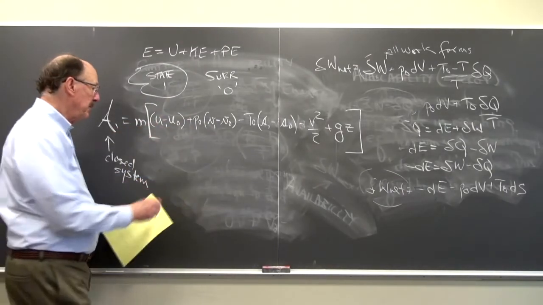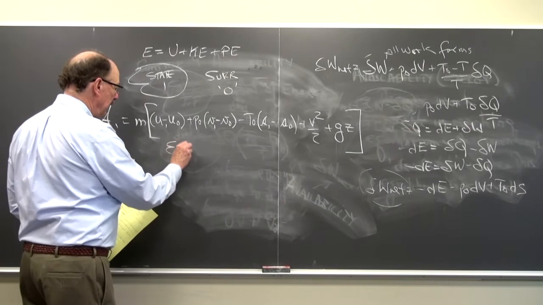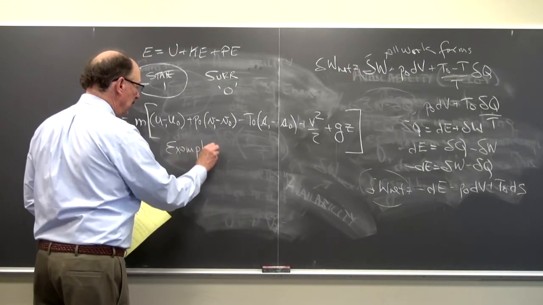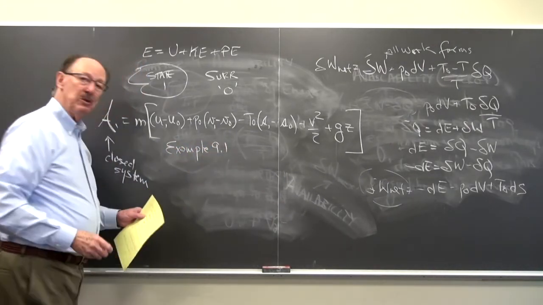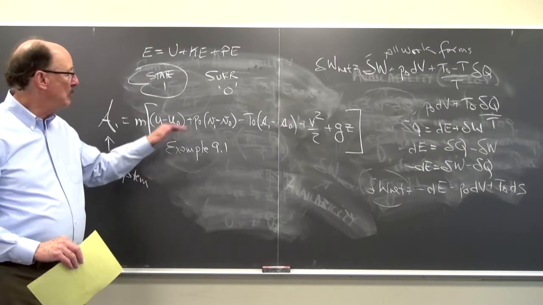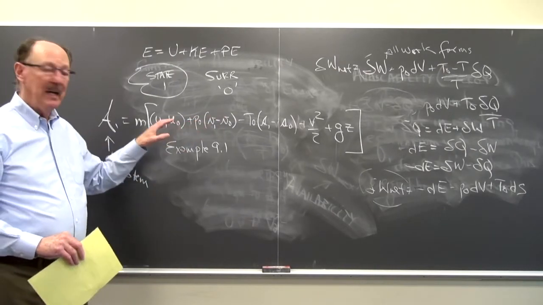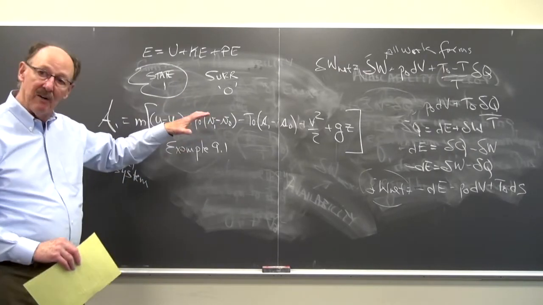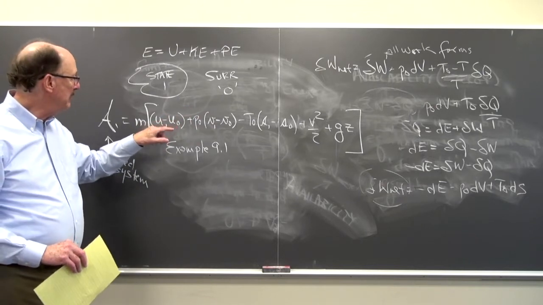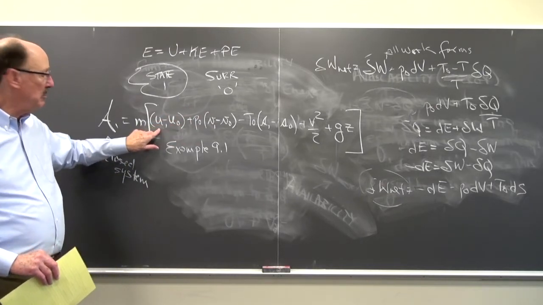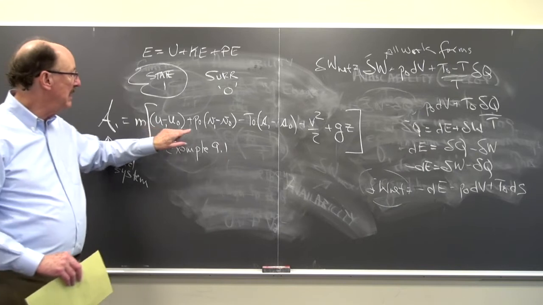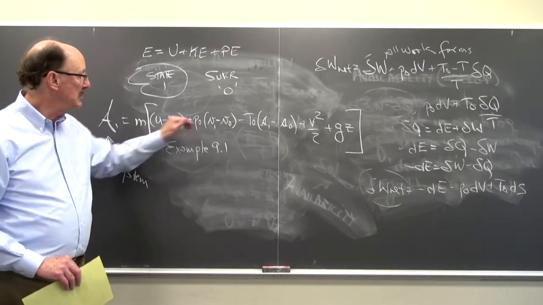In example 9.1, it goes through and shows you how to evaluate each term. So it has to do with the balloon up in the air, etc., and we can evaluate each term. If it's an ideal gas, you can use the ideal gas equation of state. If it's a pure substance, you look these things up in the table.